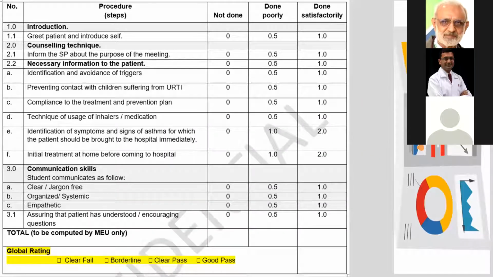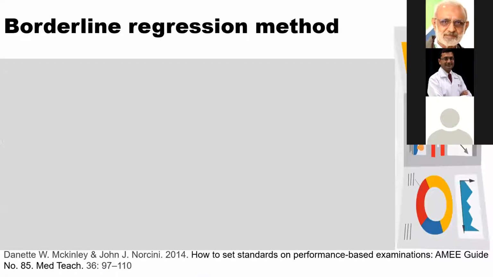Here is the example which you have seen before as well. So you can see that apart from the scores, there is a global rating given below, and the examinee is given a global rating by the examiner, apart from giving marks according to the sheet.